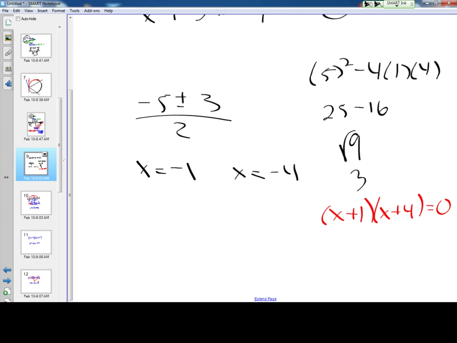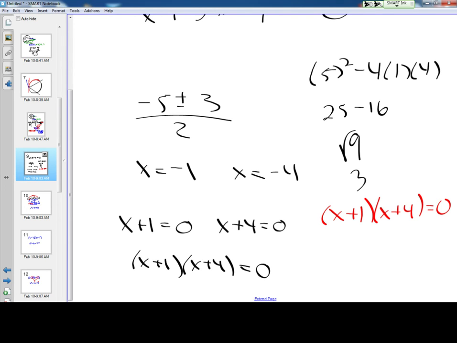How can I move this one to this side? Add it to both sides? Yeah. So that becomes x plus 1 equals 0. And this would become x plus 4 equals 0. Well, if they both equal 0, then x plus 1 and x plus 4 equals 0. There's our factored form.